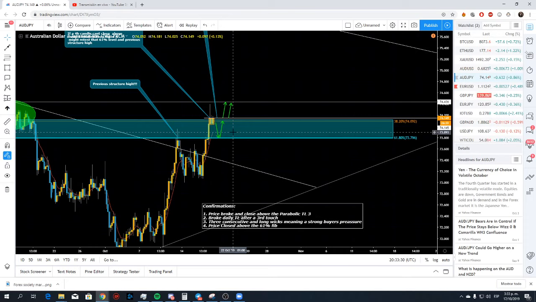It didn't touch my take profit for 5 pips. So every time you set a take profit or you set a stop loss level, always set it 10 pips lower or higher where you draw that level.